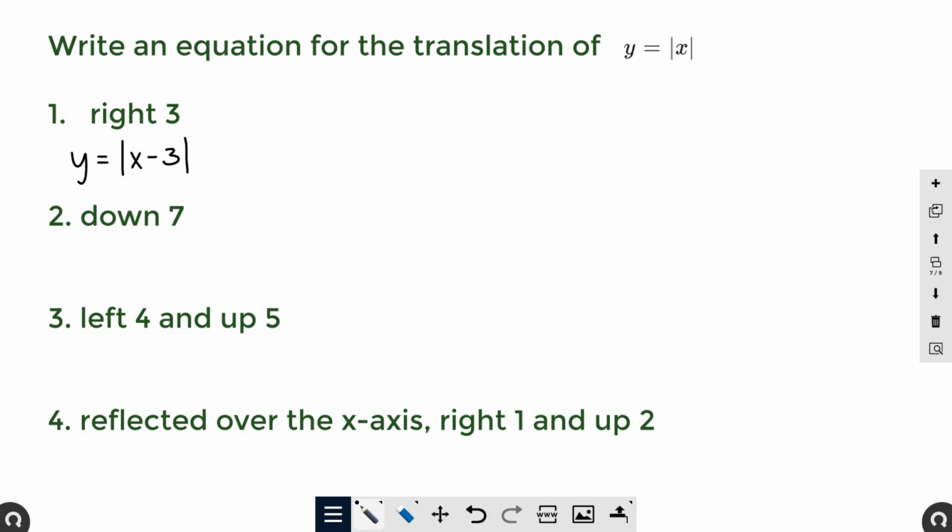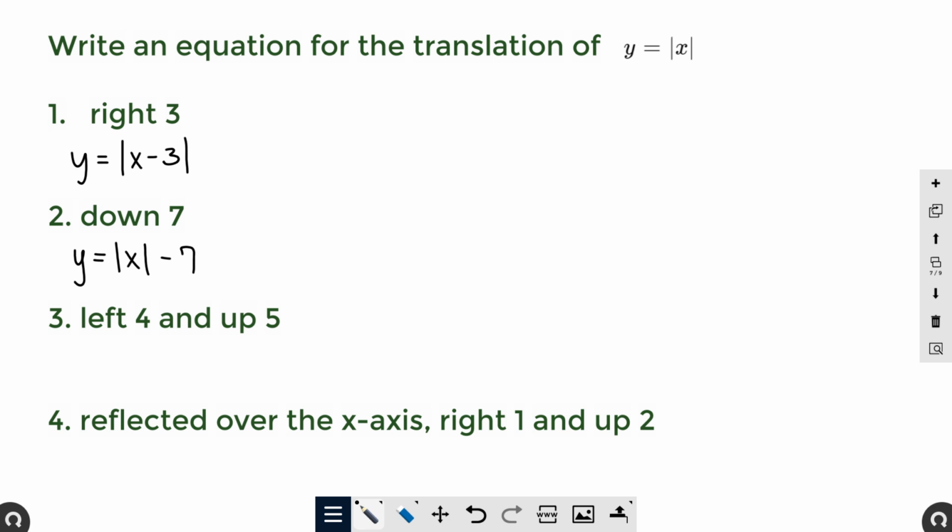And then we have that minus 3 inside that absolute value. So that's all I need for the equation, but make sure you have y and x and those absolute value bars in there. How do I do a down 7? Minus the 7 on the outside. So only absolute value of x, and that minus 7 goes there at the end.